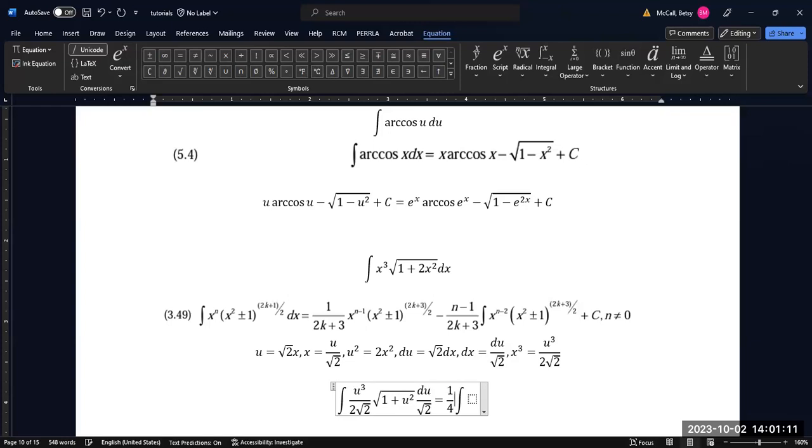So I'm going to have a 1/4 outside, and then a u cubed times 1 plus u squared, and we'll do it in a fractional power so it matches the formula, to the 1/2.